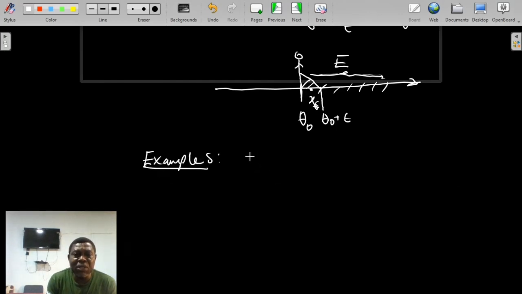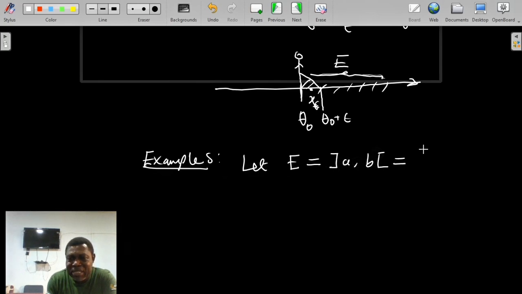I want us to look at the following. Let E be equal to the open interval (a, b). When I write this open interval, it's good that I'm bringing this up now.